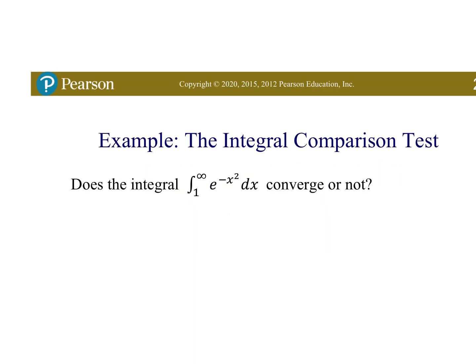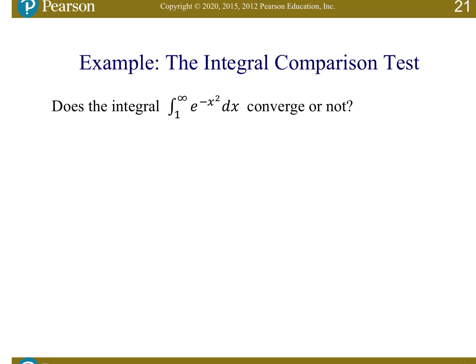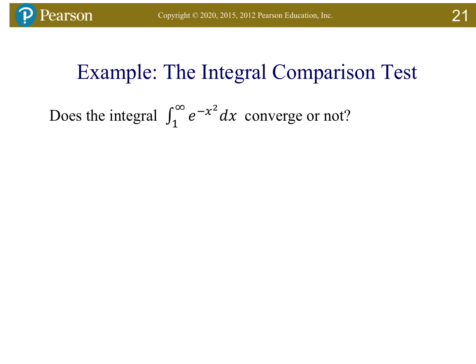All right, let's just practice it. Does this one converge or not? Well, that's hard to integrate. And so we want to instead compare to the integral of 1 to infinity of e to the negative x instead.